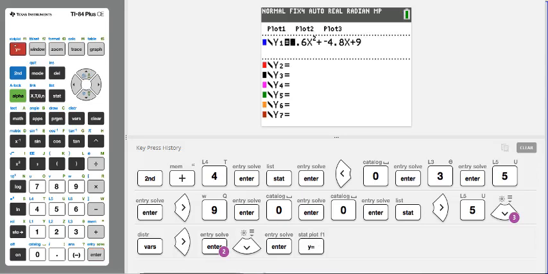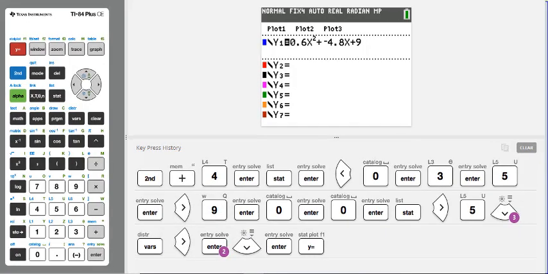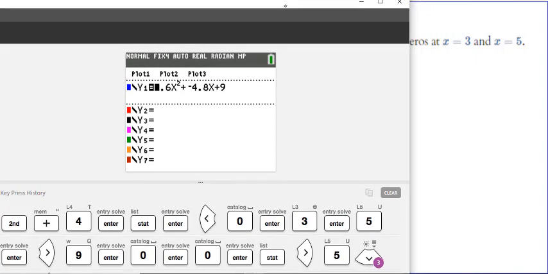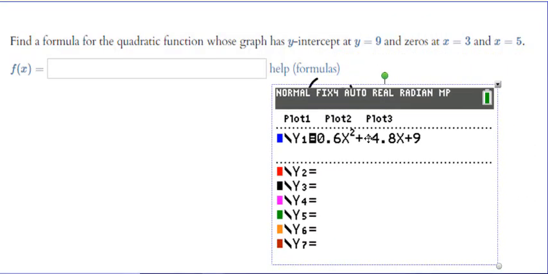So I can hit y equals, and here it is written out as the equation. So I'll take this equation and just write it here.